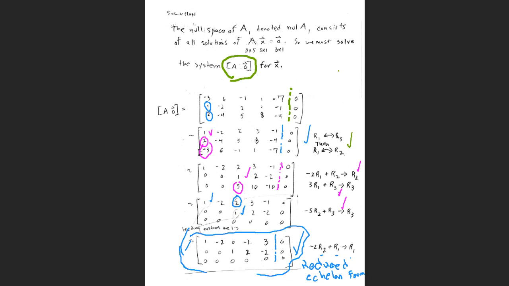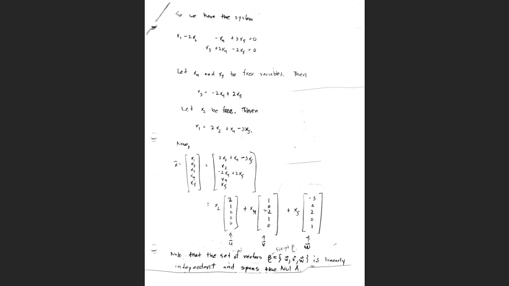Okay. We go to the next page. Okay, so now here's our system of equations. Based on the bottom equation, you're going to let x4 and x5 be free variables.